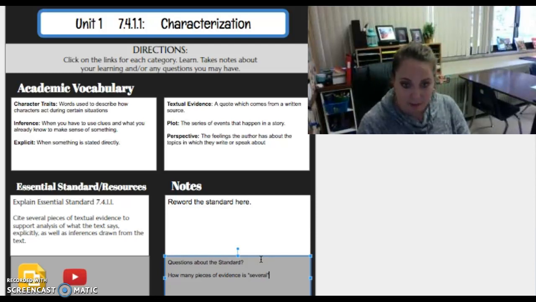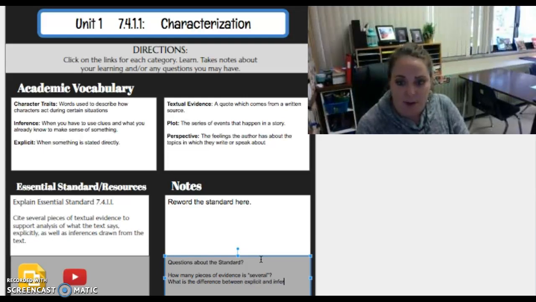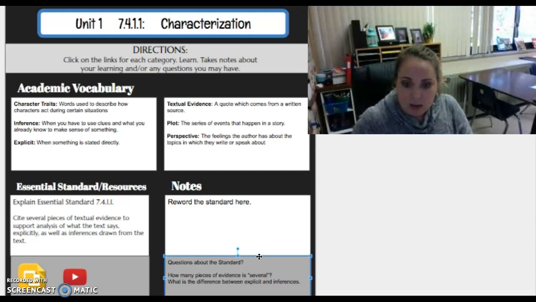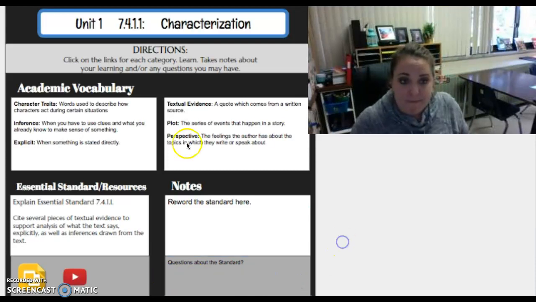Because it says give several pieces of textual evidence. So maybe that's a question you have. Or maybe it's, I don't understand what the difference is between explicit and inferences, right? And so you write out your questions, and you have those ready to go so that when we have the opportunity to talk, you know exactly what to ask, okay?